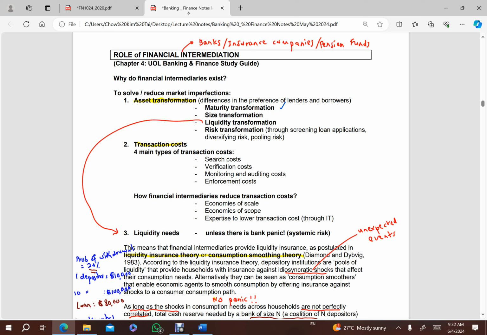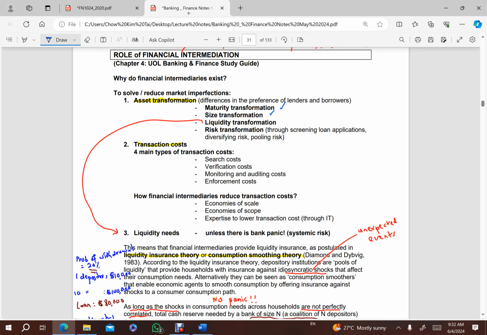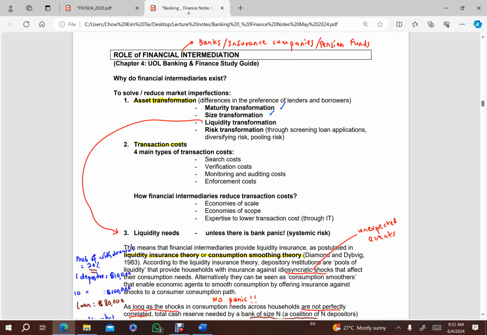Without the bank, in order to buy a house you would need to borrow money from many individuals. But with the bank, you just need to borrow from one bank. So the bank helps to accumulate funds from many depositors. That's size transformation.